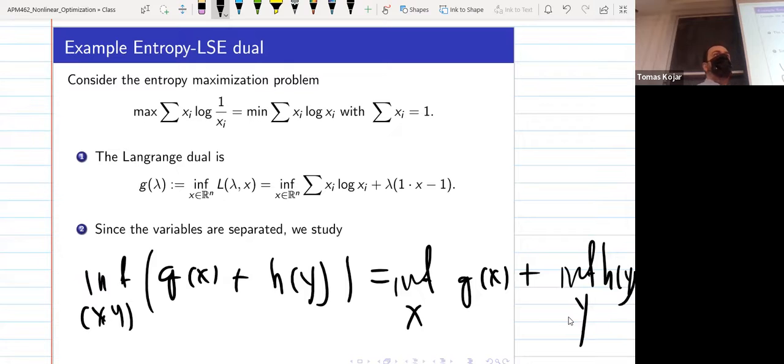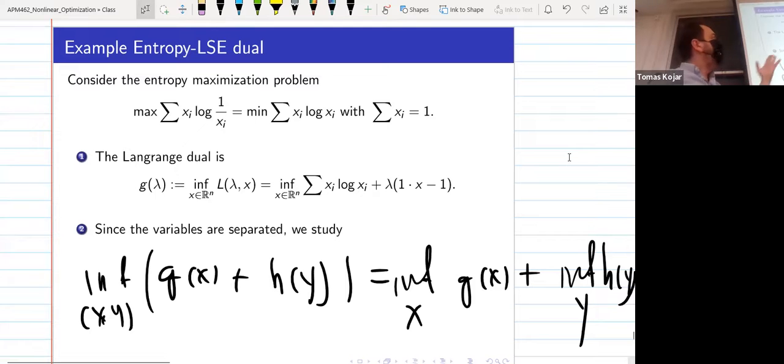Is that okay? So because they're separated variables. So be careful, right? This is not always true. Infimum is not linear. We're not using linearity. I shouldn't even write linearity because this is confusing. All we're saying is this guy does not depend on y, this guy does not depend on x, so you can separate.